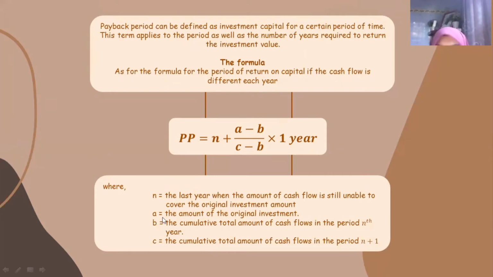A is the amount of the original investment. B is the cumulative total amount of cash flows in the period and year. And then C is the cumulative total amount of cash flows in the period N plus 1.